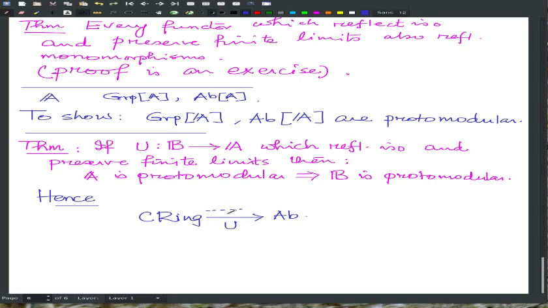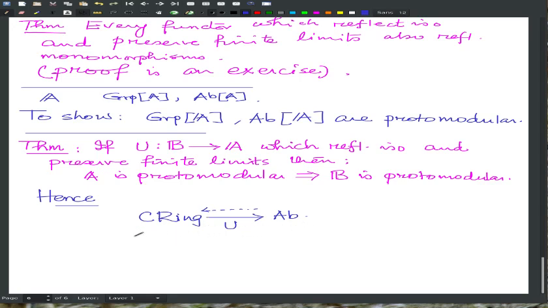Right? So therefore, commutative rings is protomodular. And this reflects iso. Right?